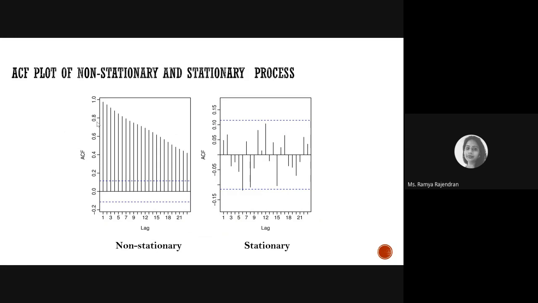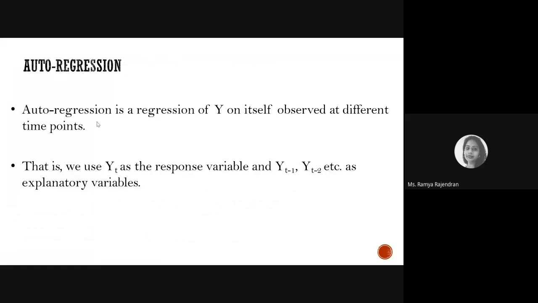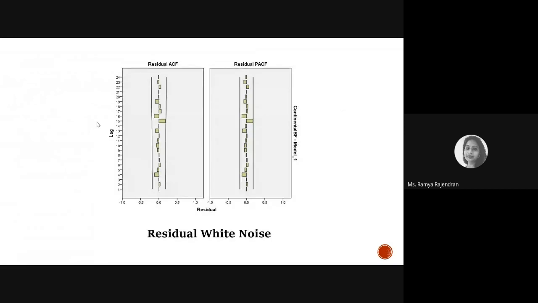So you have to convert non-stationary data into stationary. In the next class we will discuss how to do that. It's very easy: you just have to differentiate your data, and the order of differencing should be less than or equal to 2, not more than that.